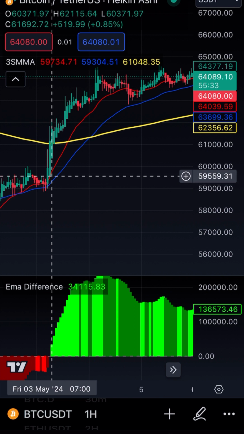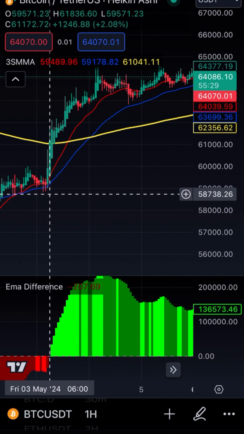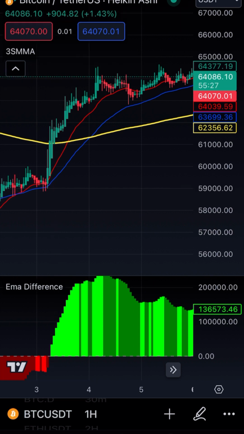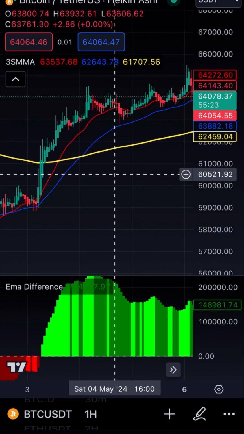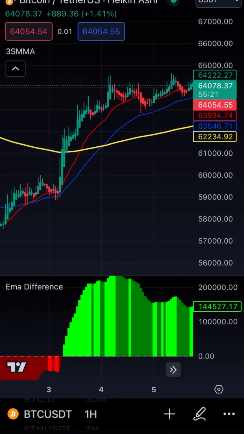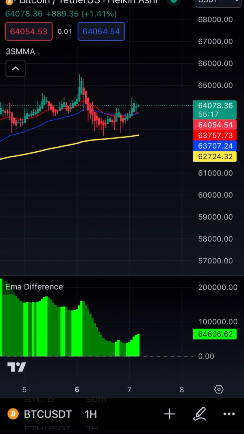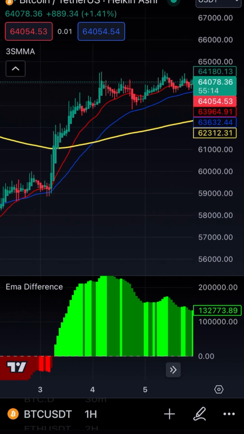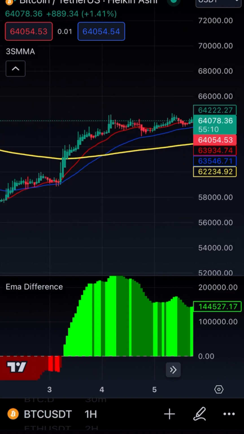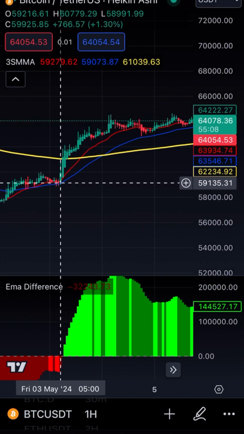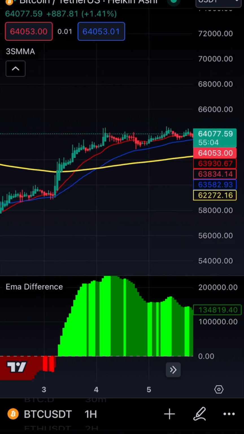The cross here should happen at the same time it's changing here with the EMA difference. The closer that is, and the closer that is to your 90 right here, the better your trade's probably going to be. What I'm trying to do in this strategy is get them to match. So this needs to get closer to this line for a good trade.